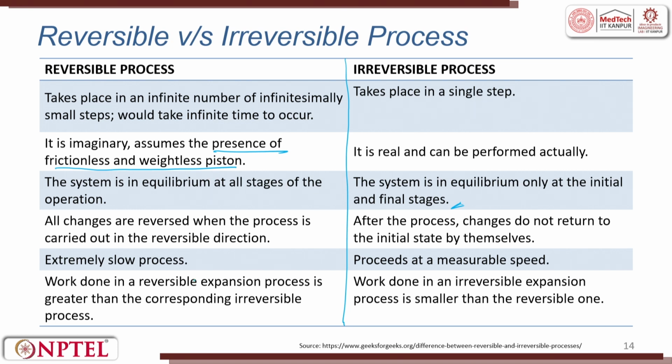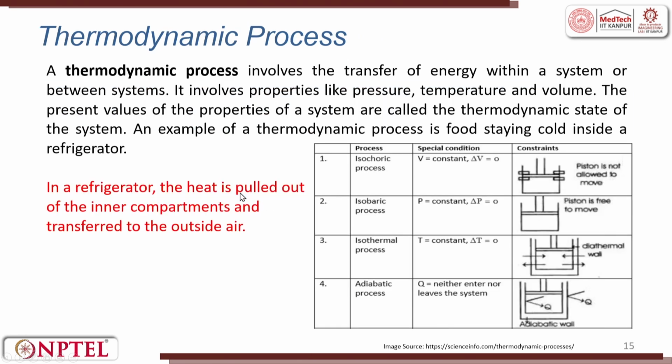The work done in a reversible expansion process is greater than the corresponding irreversible process; the work done in an irreversible expansion is smaller than the reversible one. So now it is very clear. Till now, whatever we have deliberated, you now know clearly: reversible, what are the conditions? Irreversible, what are the conditions?